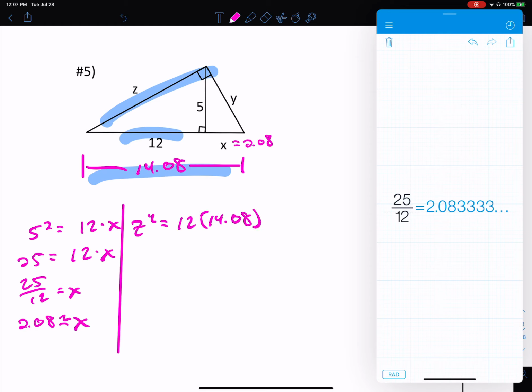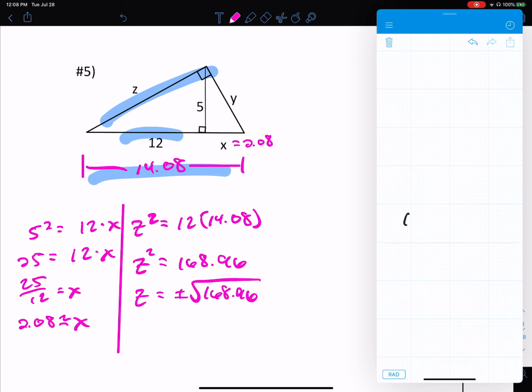There's decimals involved. I'm not going to try to get fancy. I'm just going to multiply the stuff together. That's going to give me 168.96. Square root both sides. I don't think we could be so lucky as this being a perfect square.